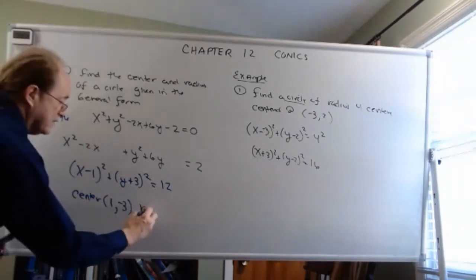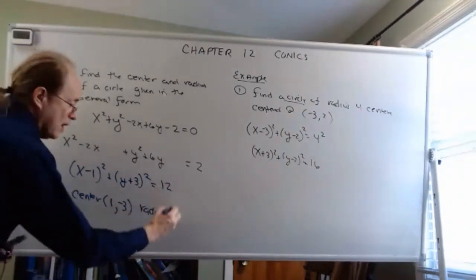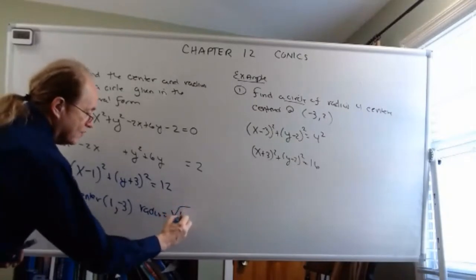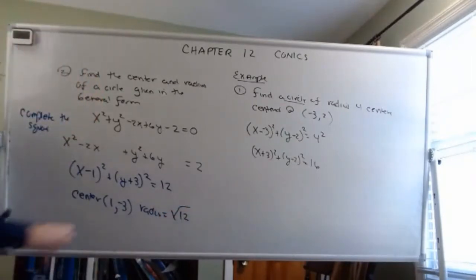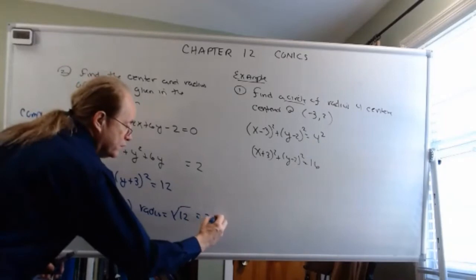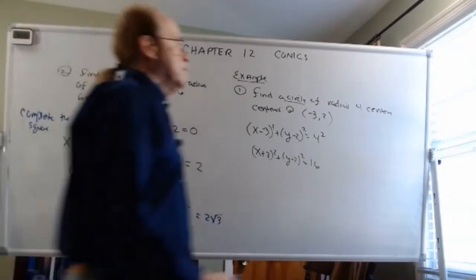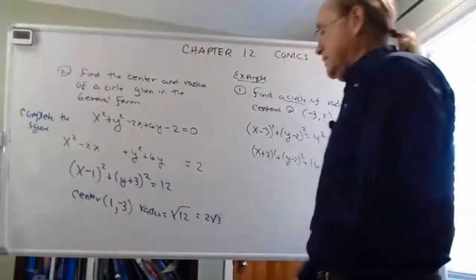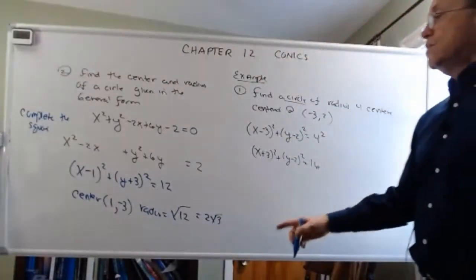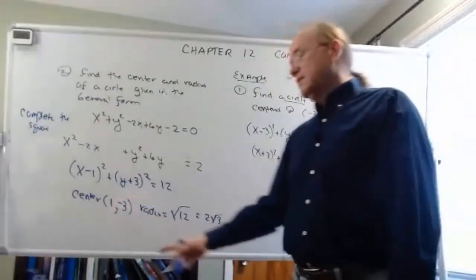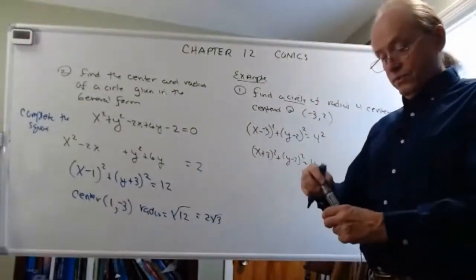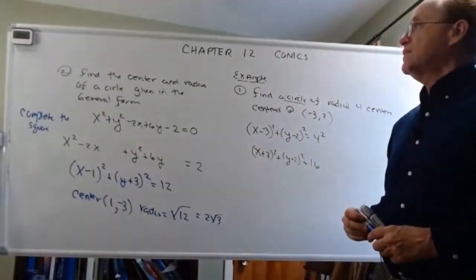Now the radius is the square root of what's on the right-hand side, which I can simplify to 2 square roots of 3. I can pull out 4 out of the 12, the square root of 4 is 2, and it leaves behind the 3. So I have a circle whose center is at (1, -3) with a radius of 2 square roots of 3.